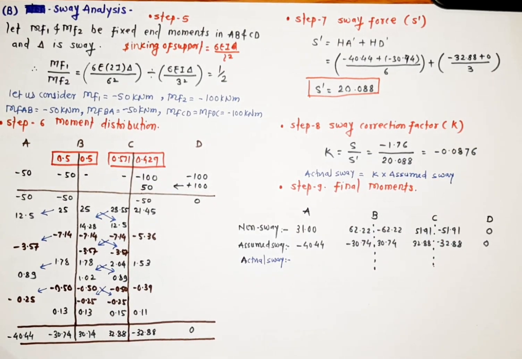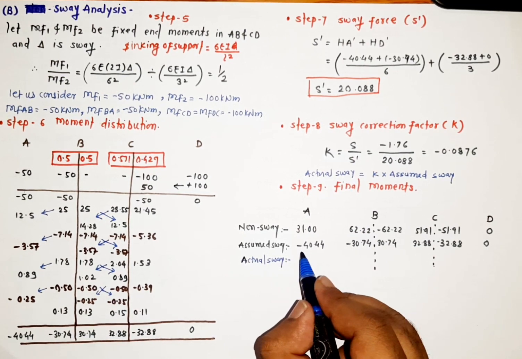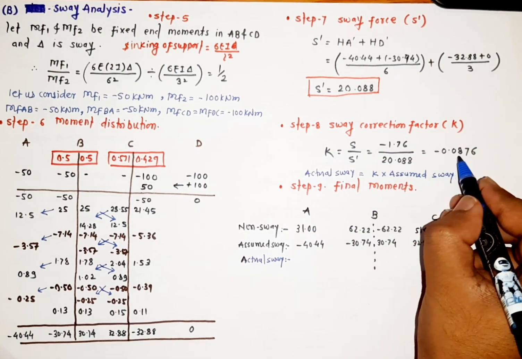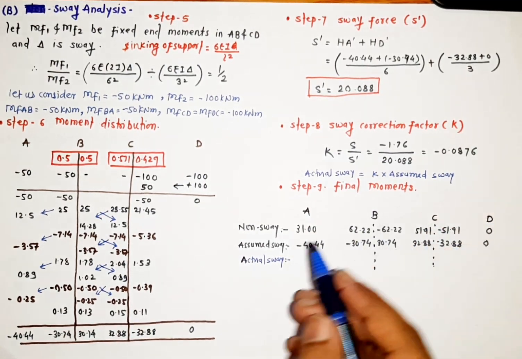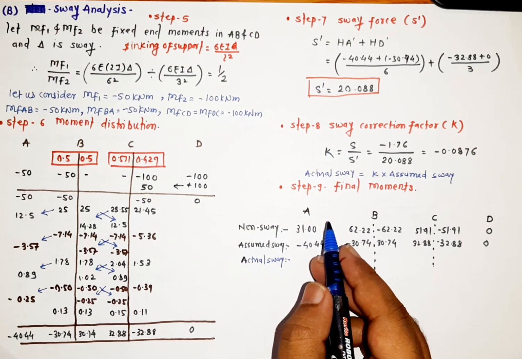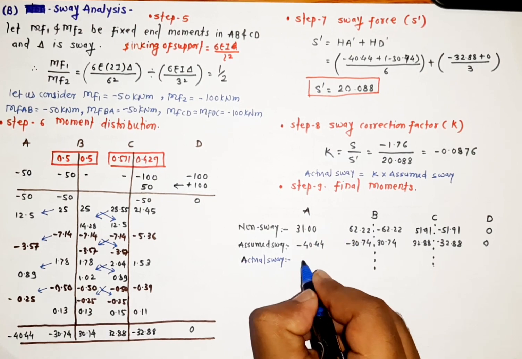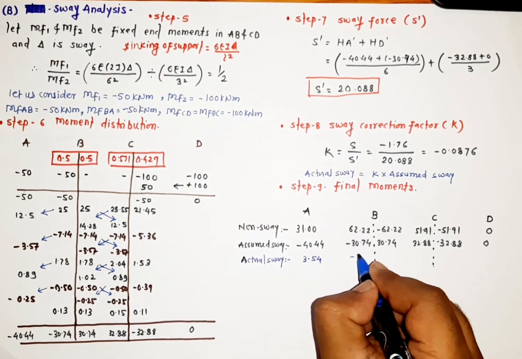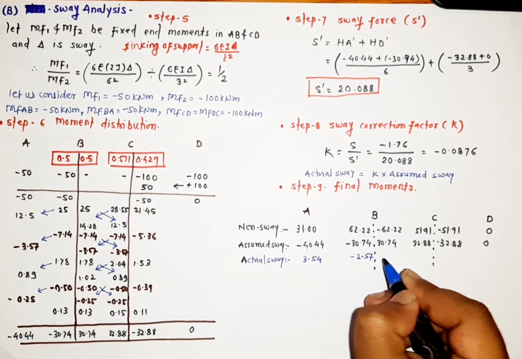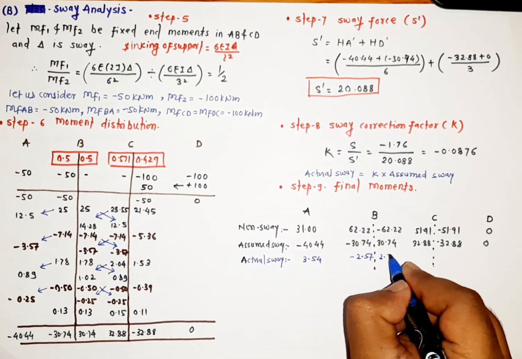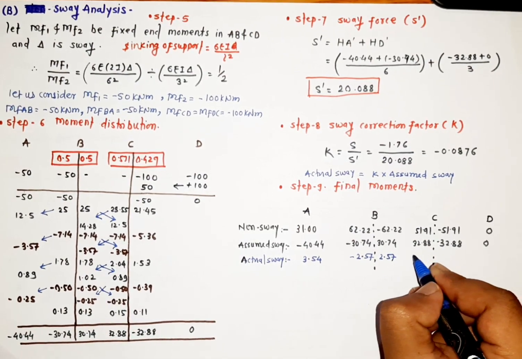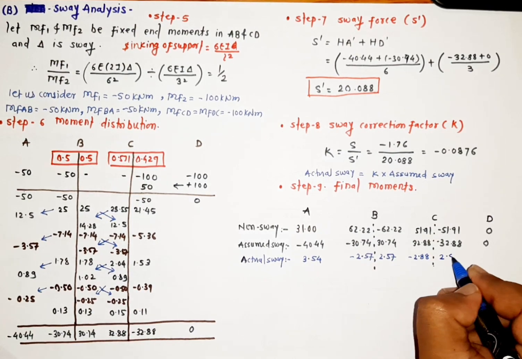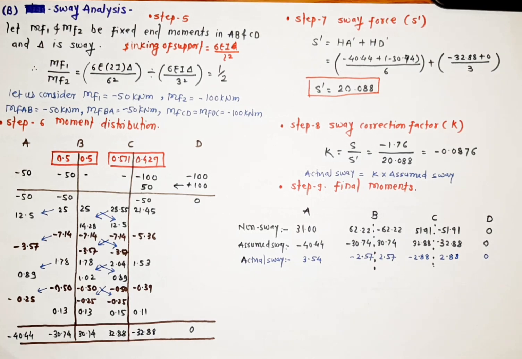Using this formula we can calculate the actual sway, that is minus 40.44 into minus 0.0876. If we multiply it, we will get an answer of 3.54. Again this will be minus 2.57, this will be 2.57, this value will be minus 2.88, and this is 2.88, and this comes to 0.